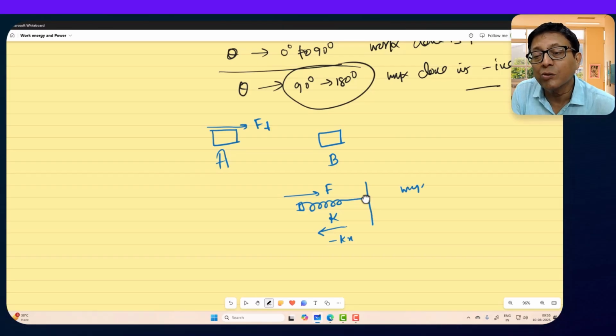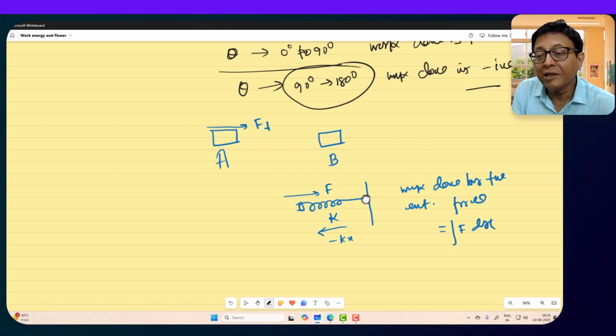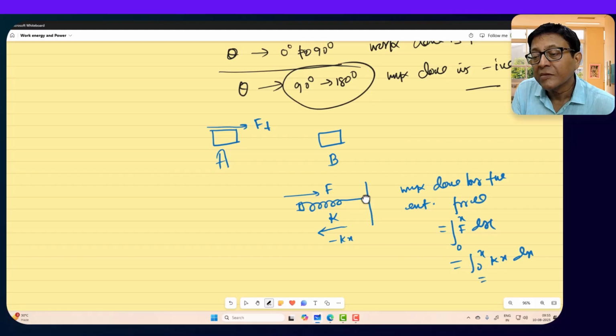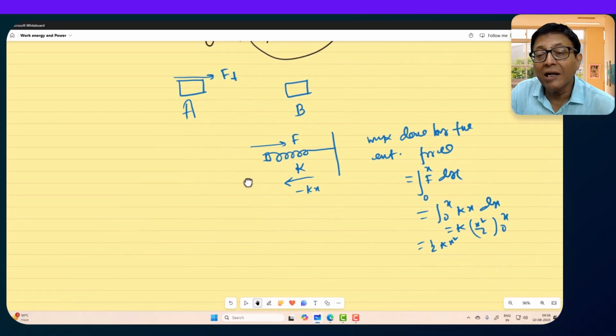So work done by the external force will be what? F dx, and then we integrate for the elongation x, from 0 to x, Kx dx. K you take outside, x square by 2 from 0 to x, half K x square. This is the work done by the external force.